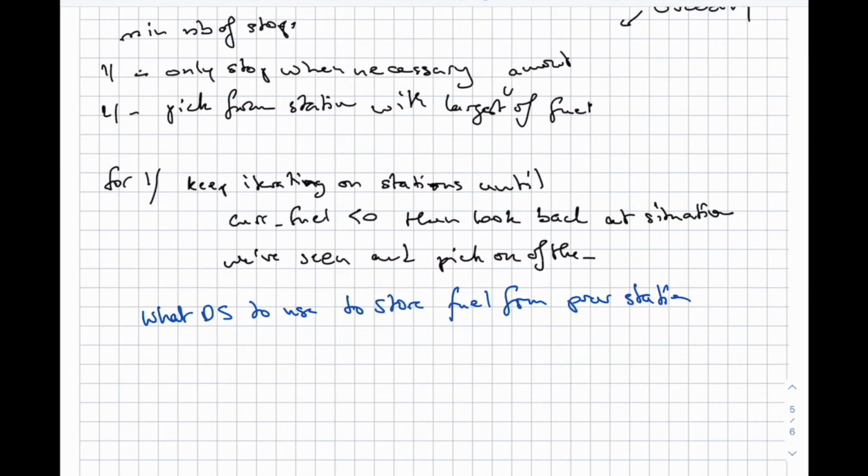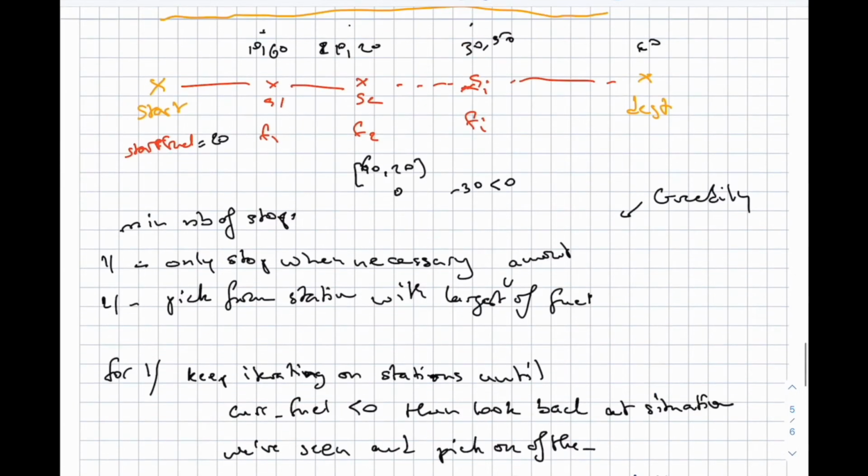The other constraint we have is that we want to pick from the largest station here. So in this case, when we arrive here and we have 16 and 20, it's optimal to pick the largest one, 60. Let's say maybe we've seen 5 stations, maybe one with 30, one with 10, and one with 5, right? So we want to be able to pick the largest without traversing the entire list, because the stations are not guaranteed to be sorted by refuel amount.